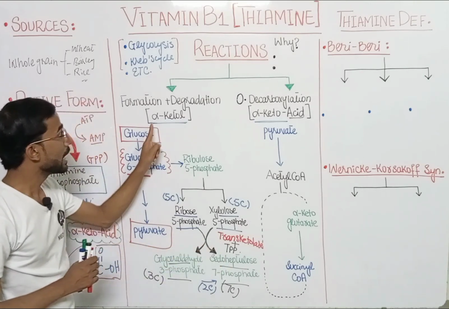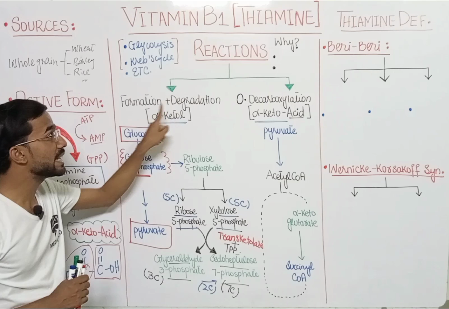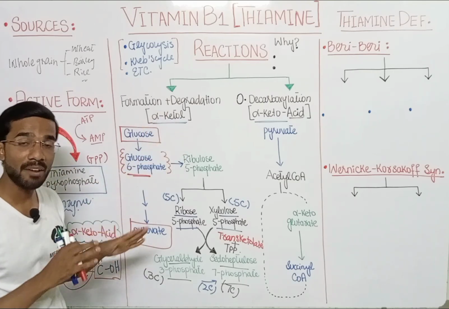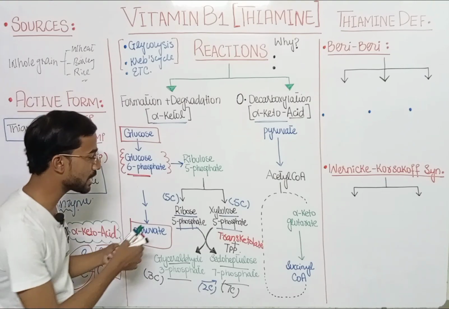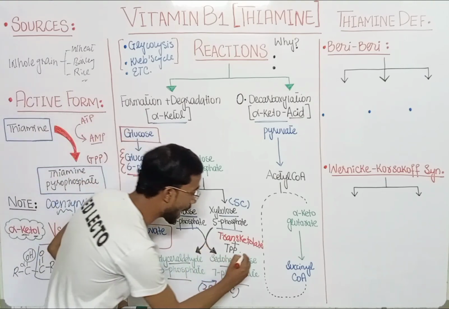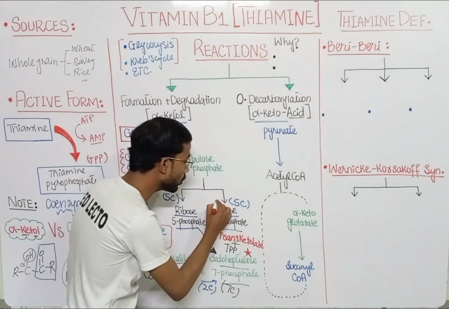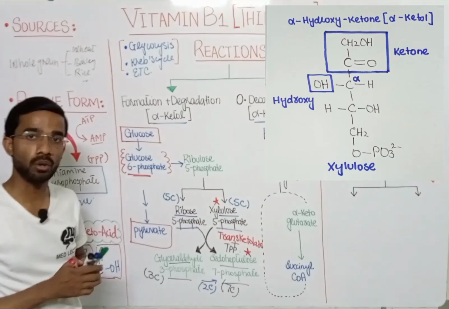Now this point is very important. Why do we call it formation and degradation of alpha ketol? It means there is a compound having an alpha ketol functional group, and that compound is sedoheptulose, which also contains the alpha ketol. Xylulose also contains the alpha ketol functional group.